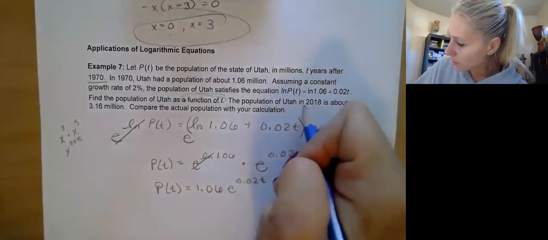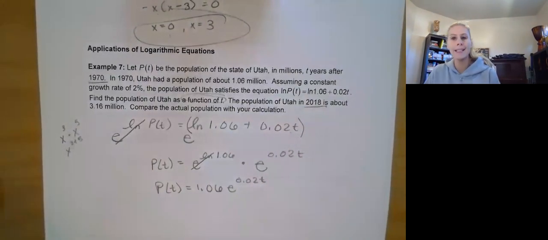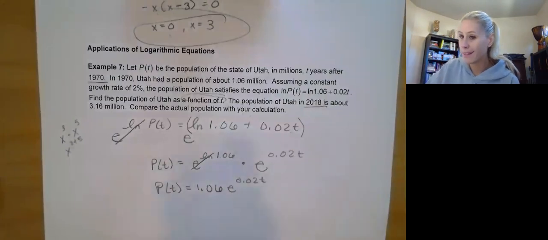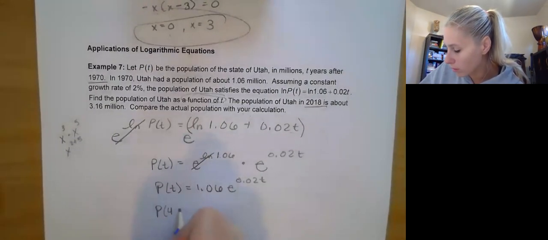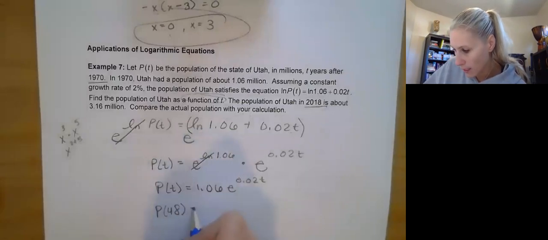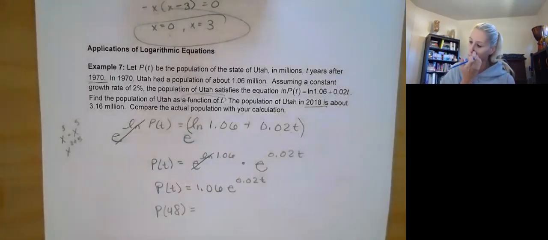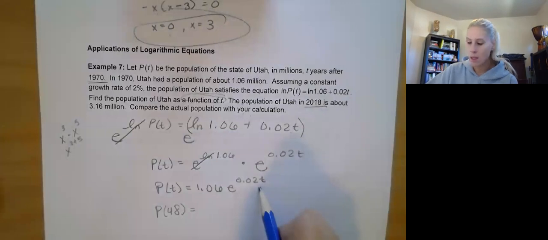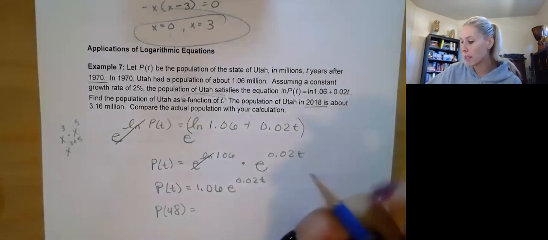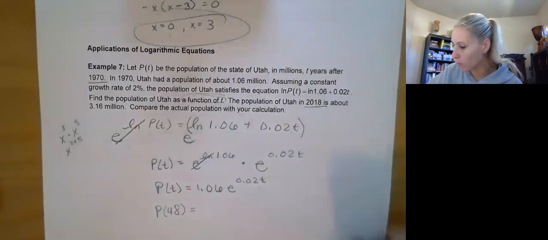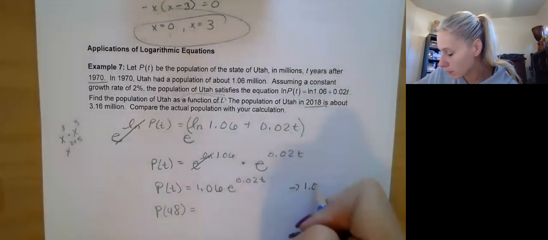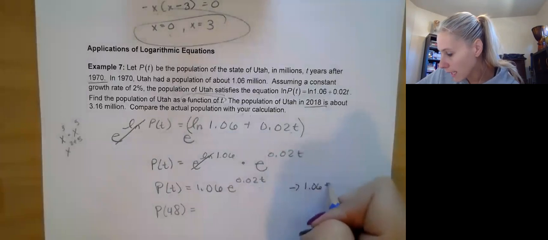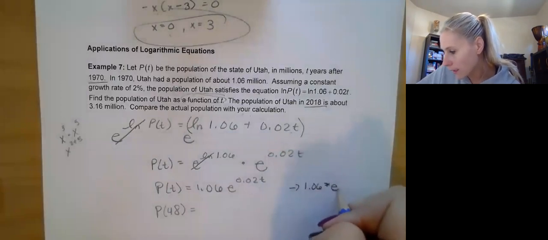1970 to 2018 is how many years? It is 48 years. So what we're going to do now is put 48 in for our t into our calculator, okay? Just make sure that when you plug this in, I'm going to show you how to plug it in. 1.06 times e.